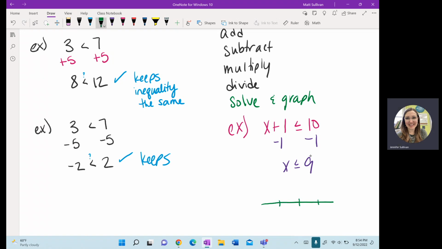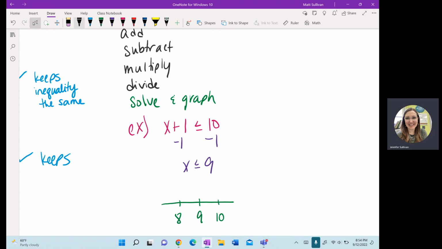So usually what we do is we take the number that's in our solution, so this 9, we put it in the middle. Maybe we might go up 1 from 9 and down 1 from 9 just to show that we're on this number line. And then we need to decide in our graph, do we have an open circle or do we have a closed circle?